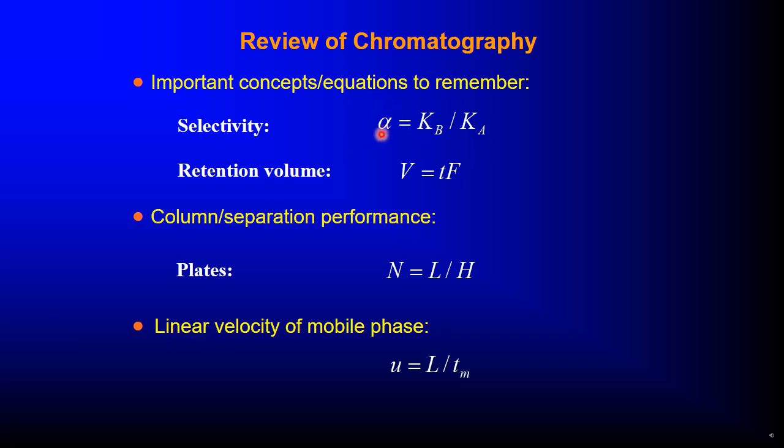This is the symbol for selectivity, the ratio of analyte B and analyte A. Then we have retention volume denoted with V, and it is t multiplied by F. Then separation performance is always gauged by plates, which is the length of the column divided by plate height.